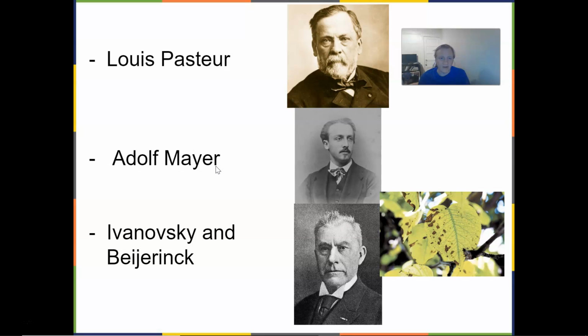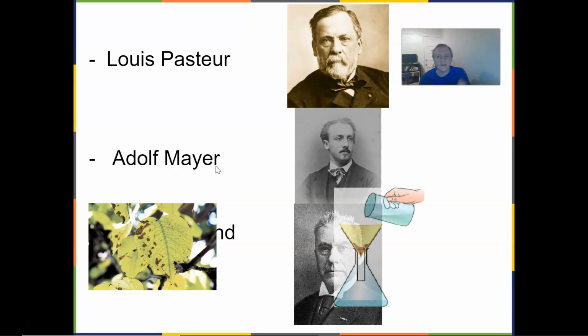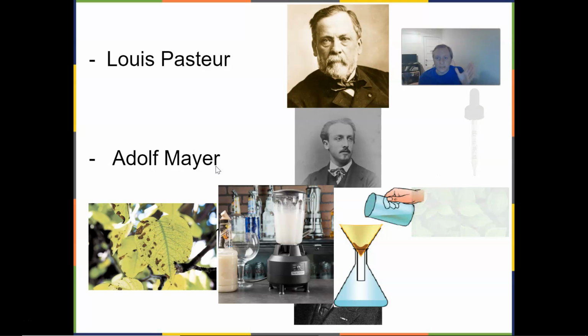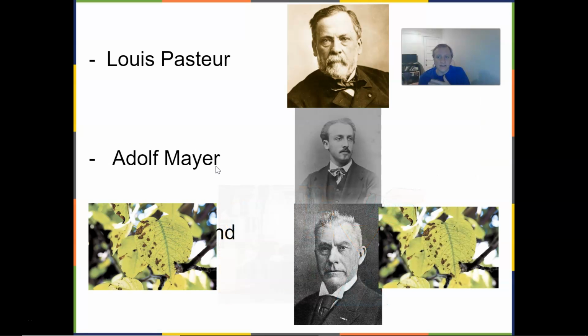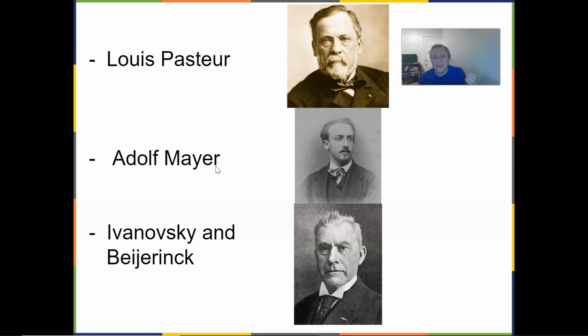Then we had Ivanovsky and Beijerinck down here, and what those guys showed was if you remove everything from that extract, even things as small as bacteria, it would still make the other plant sick. And so what that showed was, well, it's not the plant material making the other plant sick, it's not any bacteria making the other plant sick. What is in this sick plant that can get other plants to be sick? And this is the discovery of the virus.